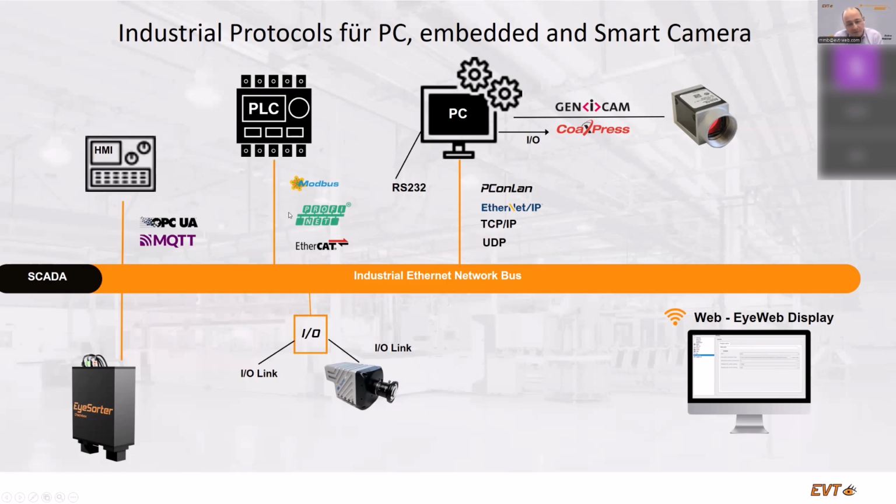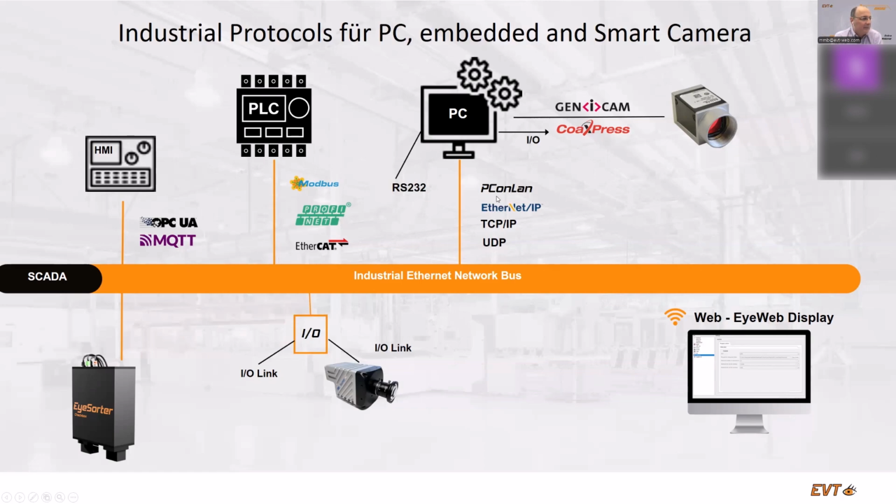Profinet, of course, is dedicated to Siemens. Modbus works with a wide range of PLCs from Rockwell to whatever. And of course, we have some specialized toolsets for RS-232 to communicate to these components.